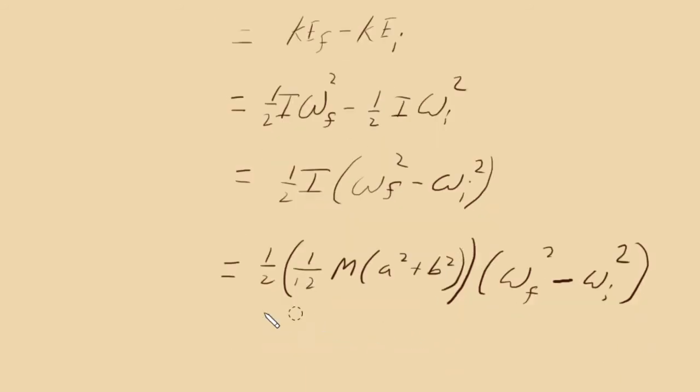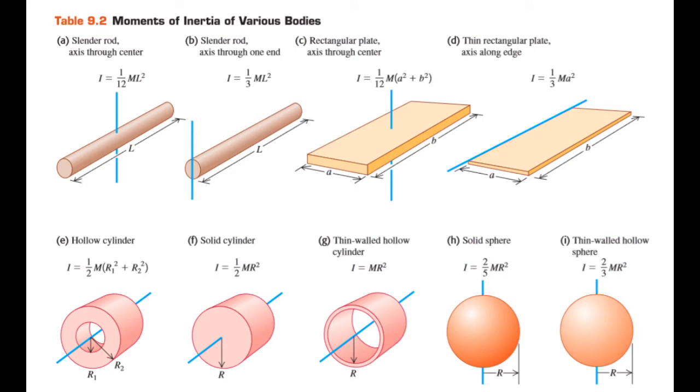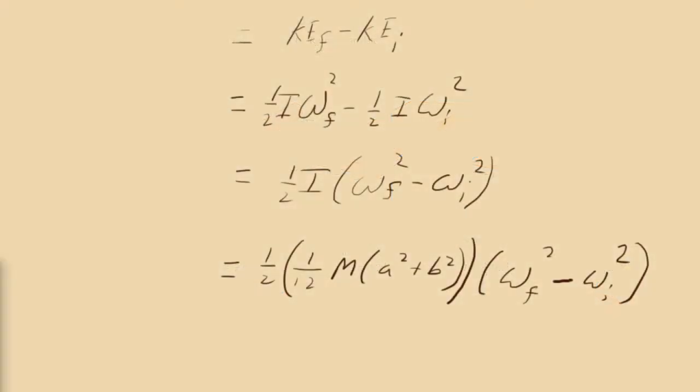And so if we go to our moment of inertia table, we have for letter C, our moment of inertia with an axis in the center of a plane with length sides A and B is equal to 1/12 the mass of that object times A squared plus B squared. So that's the moment of inertia of a board, 1/12 mass times A squared plus B squared.